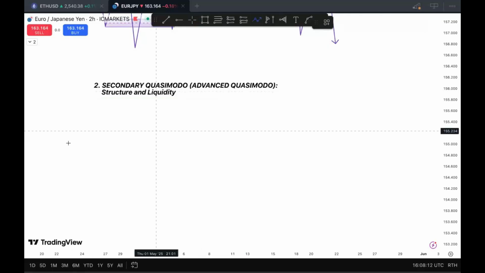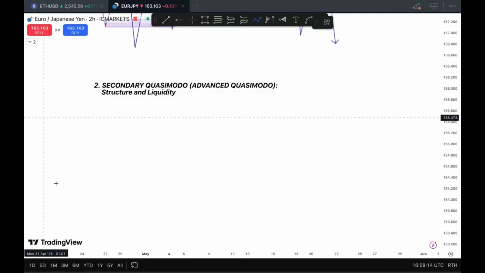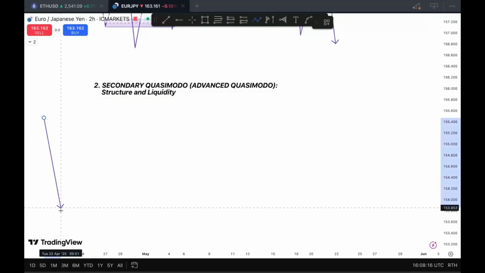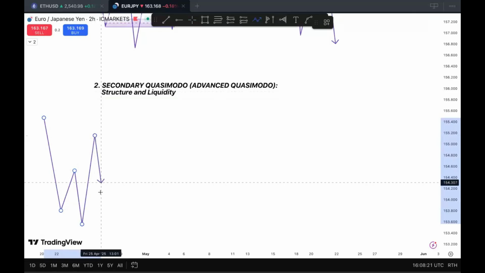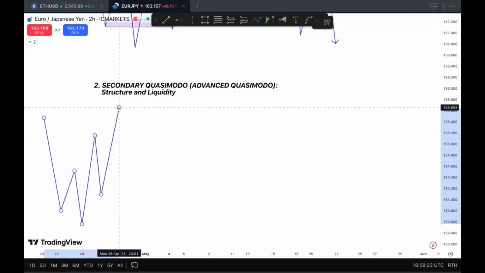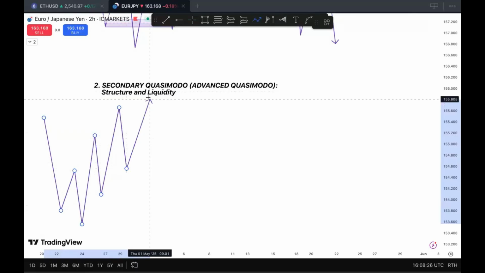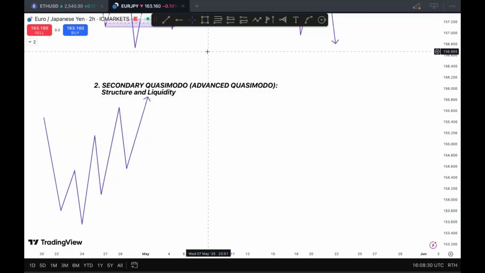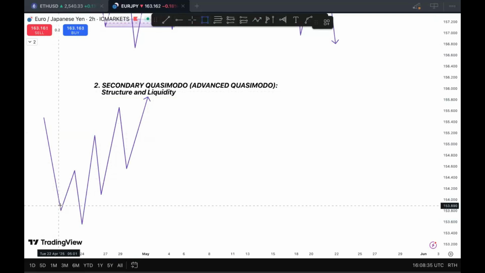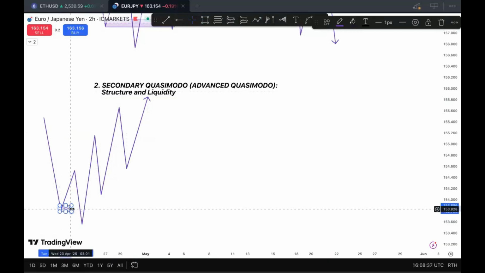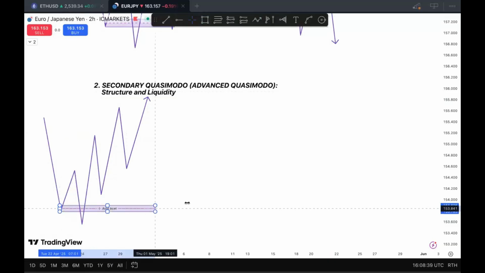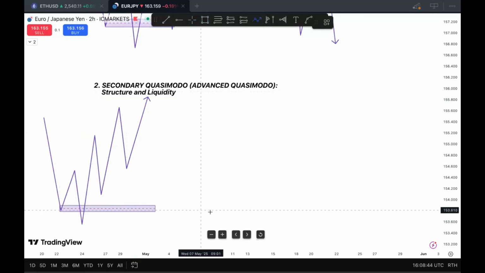Remember what we talked about. For this secondary Quasimodo, we have structure and liquidity. Okay, so this is the secondary Quasimodo, for a sell.